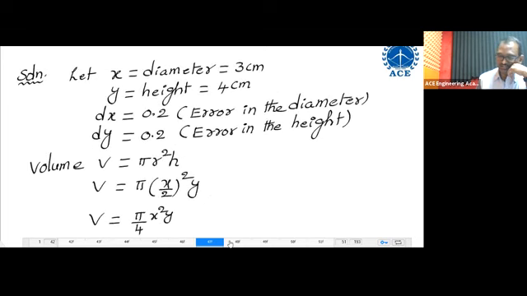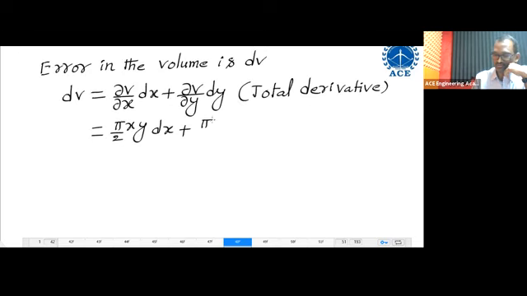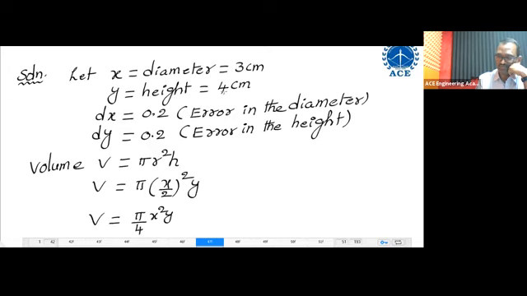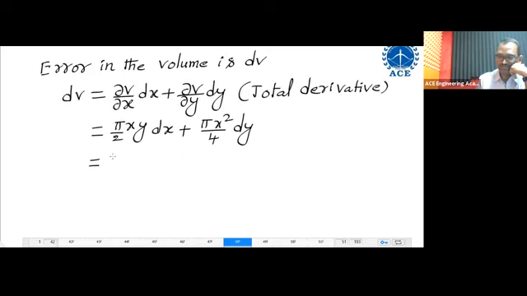∂V/∂y: the derivative of y with respect to y partially is 1, so 1 into pi x square by 4, and dy. We were given x and y: x value 3, y value 4.